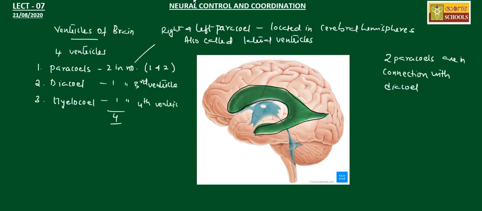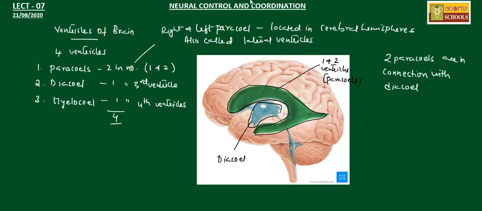So the first and second ventricles are the paracoels. Here you can see the diacoel, the third ventricle, and these are the first and second ventricles, the paracoels.